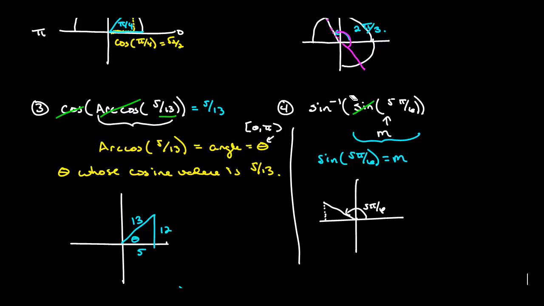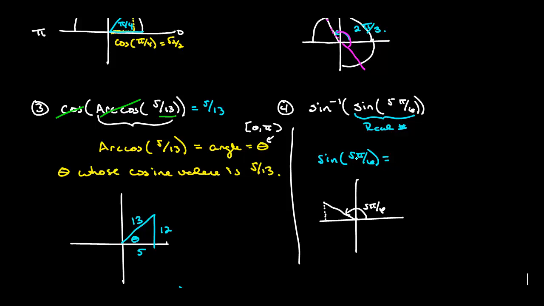It doesn't work like that. So what angle, or excuse me, this is not an angle. I said that wrong in the beginning. This is a value. We can still call it M, but it's a value. When I said angle, I said that wrong. This guy in here is a real number. We input an angle into the sine function, and we get out a real number.